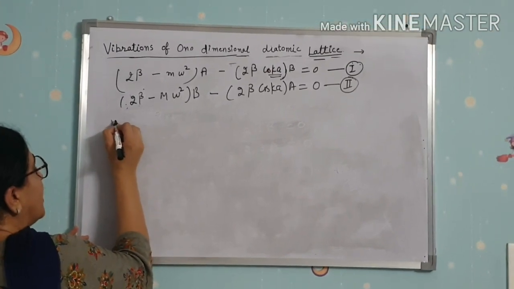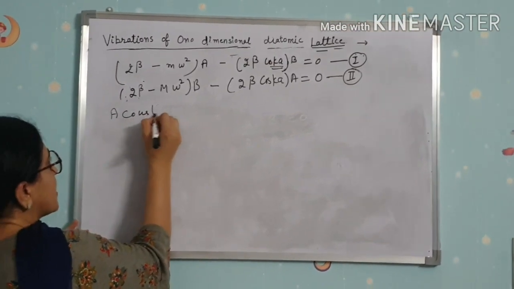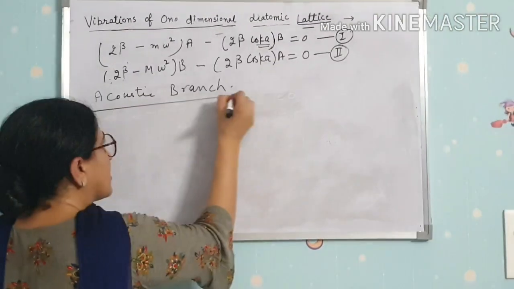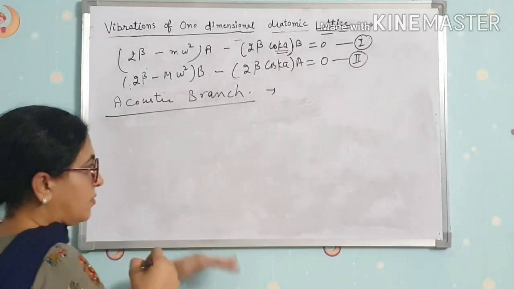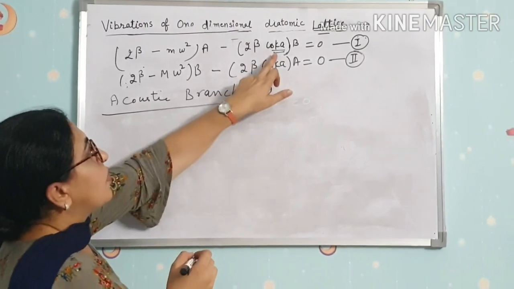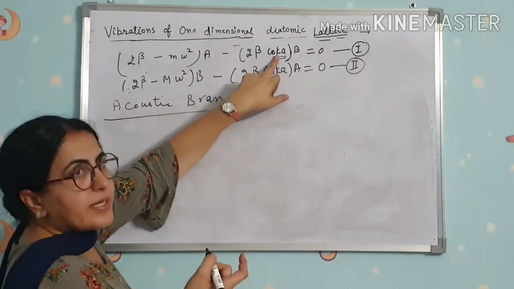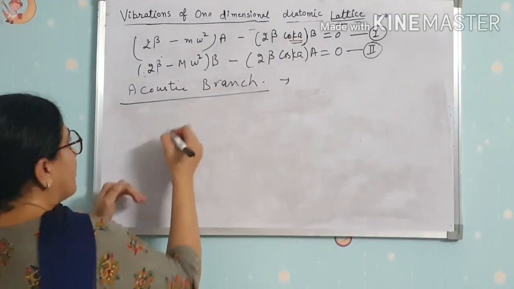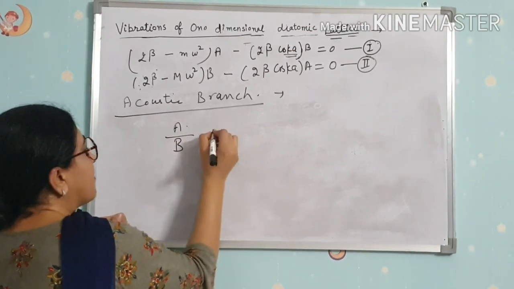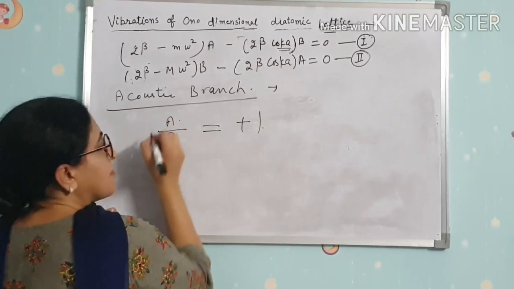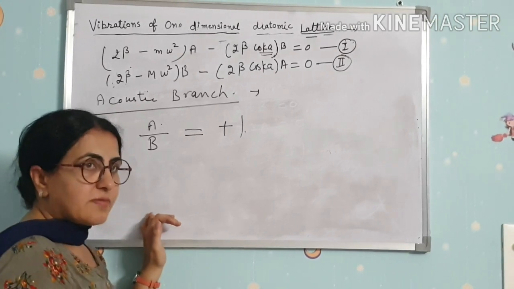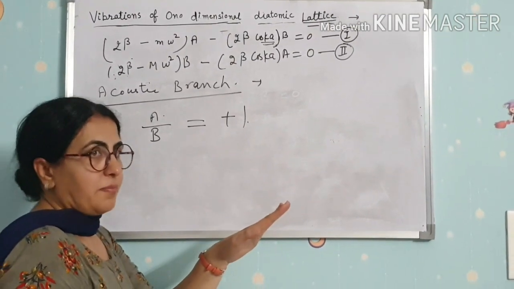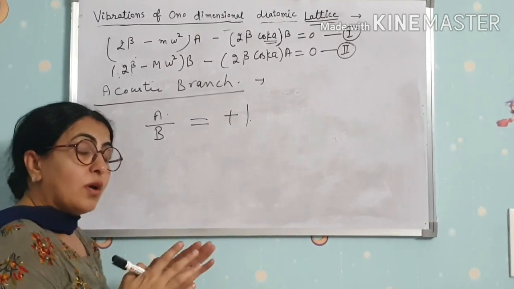Now for the acoustic branch, which we don't derive in full, similarly we can write. Using the series relation of cos, we find A over B comes out to be plus 1, so A equals B. What do we conclude?